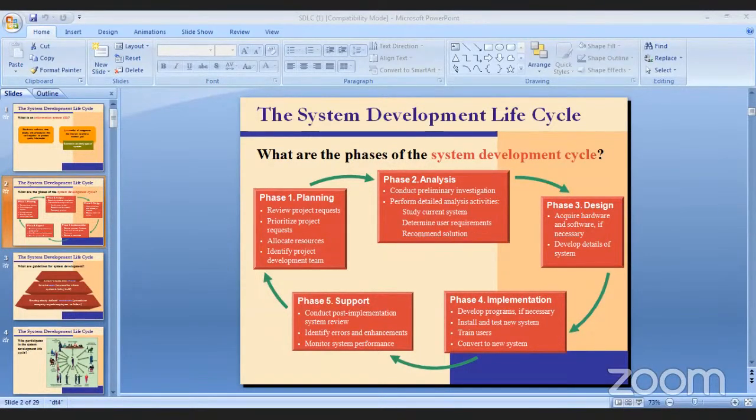Like you took admission and you are giving the semester examination, you are continuously evaluated and grade points or marks are assigned to you to monitor your performance. If it's increasing, it's okay; if decreasing, then the teacher will ask you to improve your performance in the exams or in the class. So that is the last point: monitor system performance.